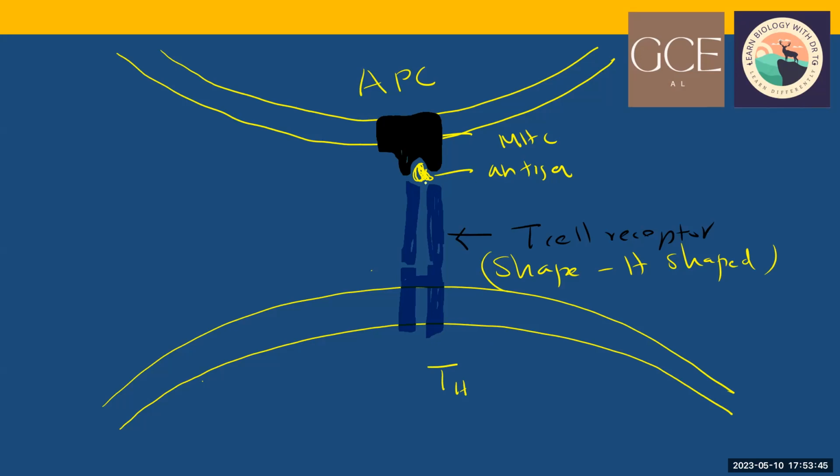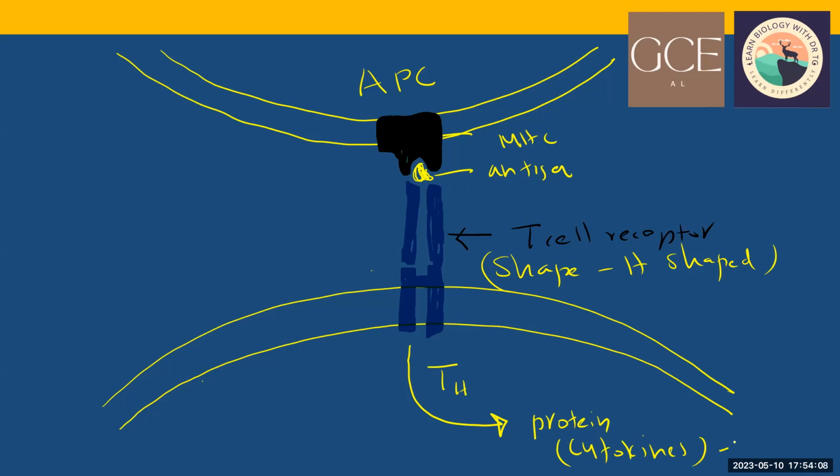If it correctly binds to the antigen and MHC complex, then a signal is passed into the cell. At the end, it produces a protein. This protein is collectively called cytokine. We call this immune system signaling protein cytokine.